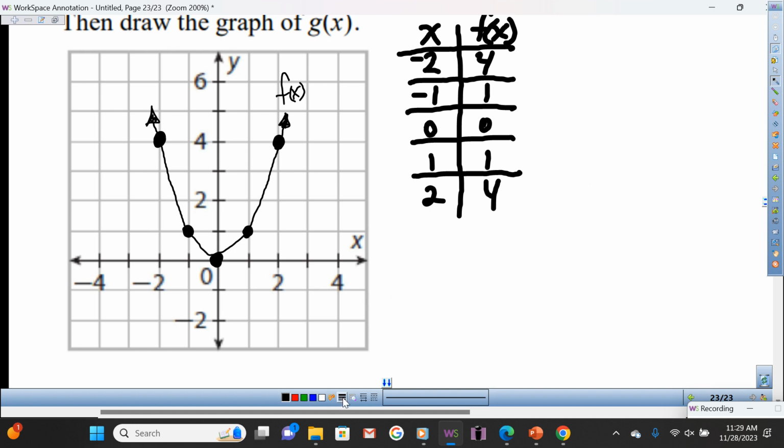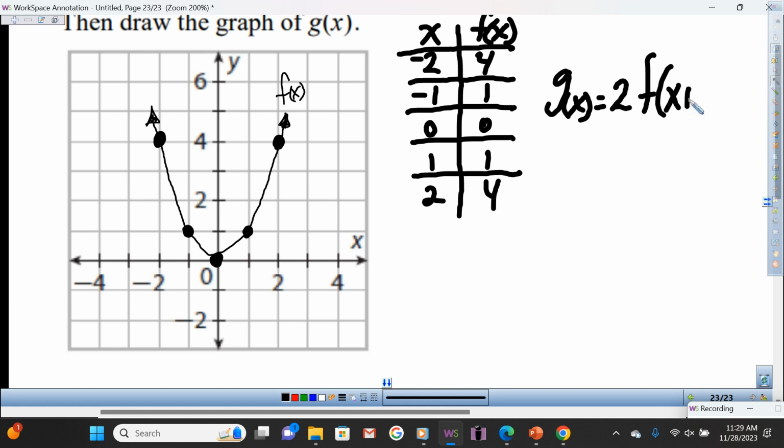The new function is g of x equals 2 times f of x. What else? Plus what? 2? Was it 2? Squared plus 3? Minus 3? Okay.